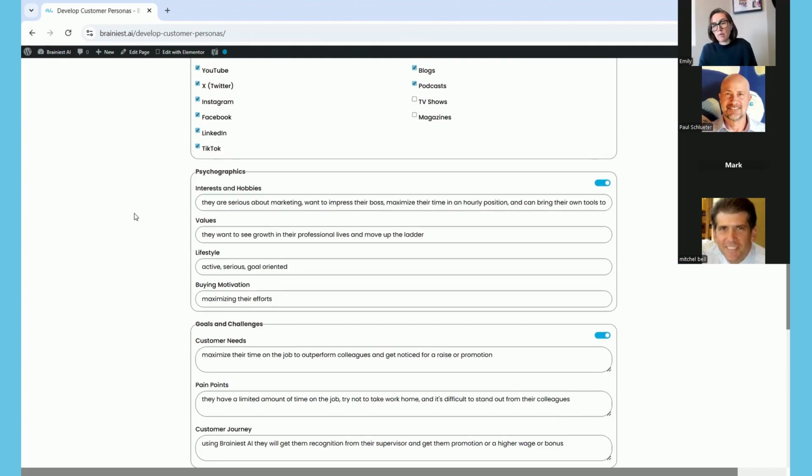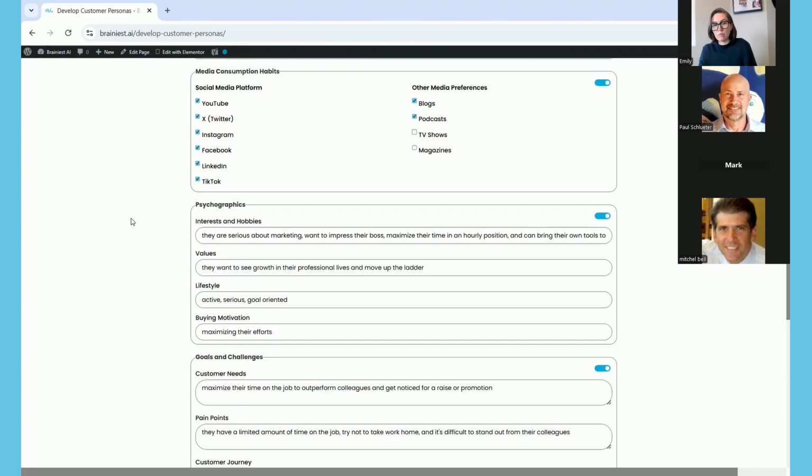And I will add here that we do recognize that the social media landscape is shifting a lot right now, with some instability with TikTok, some changes in Meta. So if you think there's a major social media platform that we are missing, please let us know. That's going to be an interesting area to watch. Yeah.